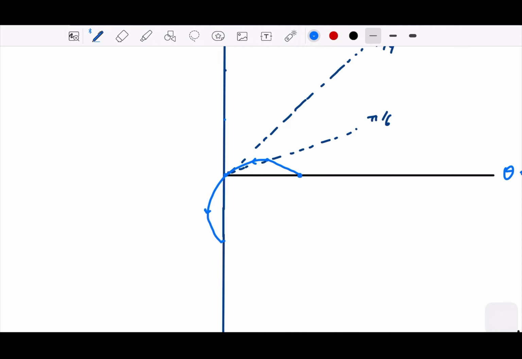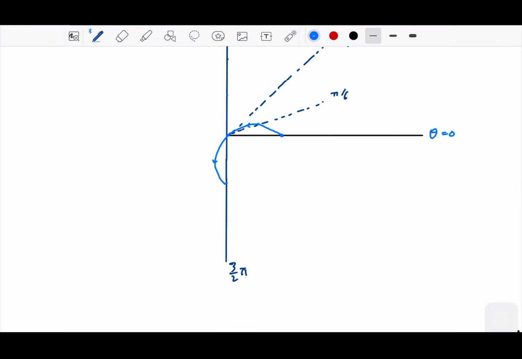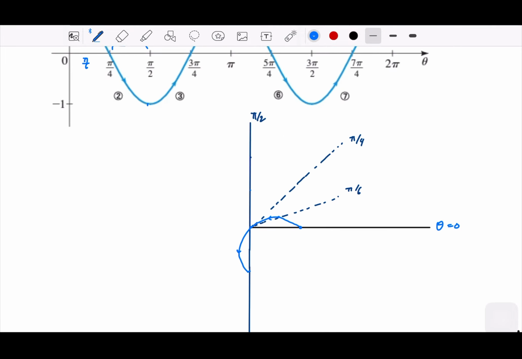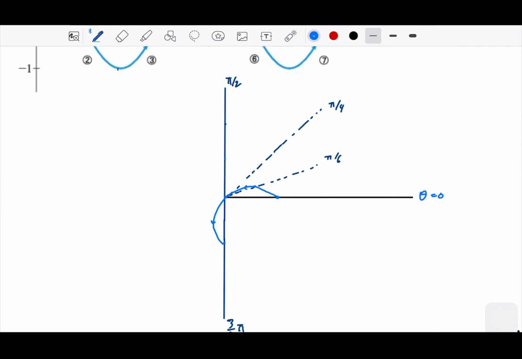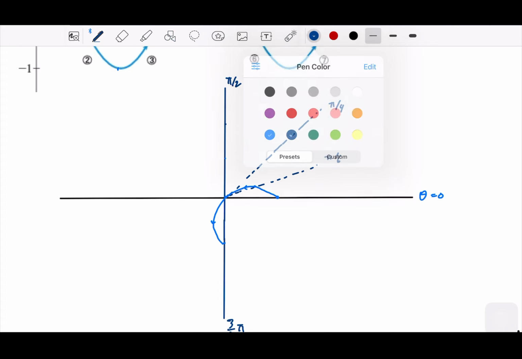So we have here, and then from pi over 2 until 3 over 4 pi, this one here is still at the negative r. Okay, it's still at negative r. So let's take a look at what we have here, and let's say we have another angle here.